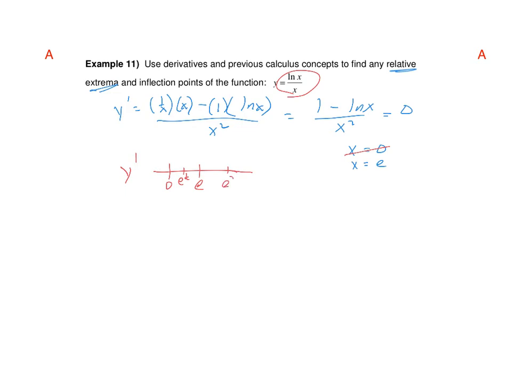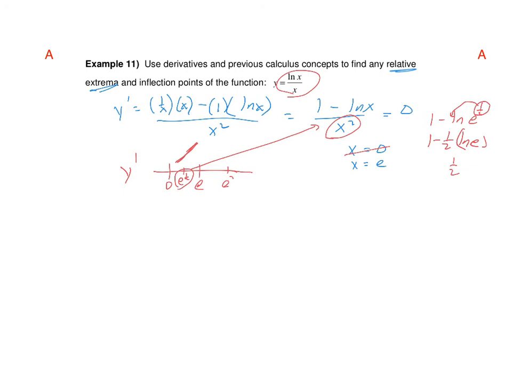Okay, so if I take this e to the 1/2 and evaluate, I'm going to have 1 minus natural log of e to the 1/2. I know the denominator is going to be positive, so I'm not going to evaluate there. Again, I can take this power and put it in front. So I've got 1 minus 1/2 natural log of e. A natural log of e is a 1, so this result is going to be a positive. So we're going to have a positive slope.